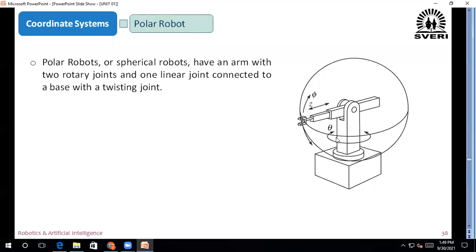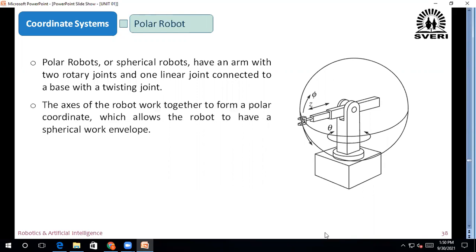Therefore, polar robots or spherical robots have an arm with 2 rotary joints and 1 linear joint connected to a base with a twisting joint. The axes of the robot work together to form a polar coordinate, which allows the robot to have a spherical work envelope. See that this is the work envelope of the robot.